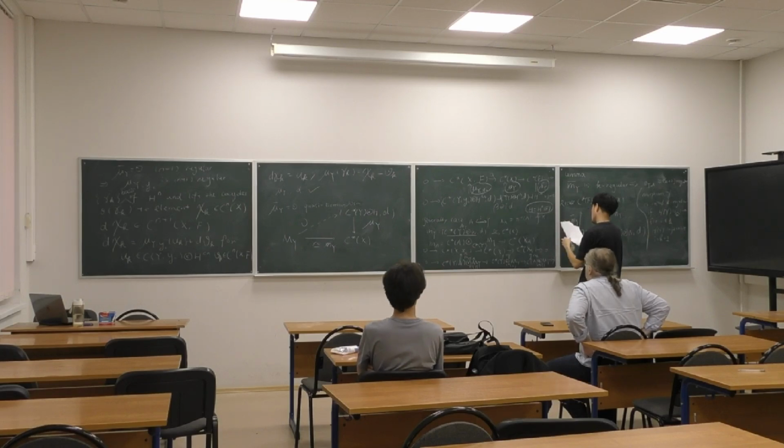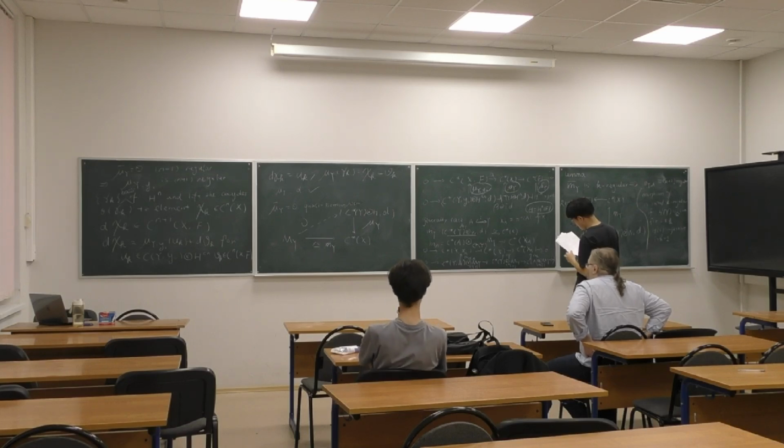To do this, we need to construct a model for C star of x, which would be set at 3 over C star of y, and we want to choose the cohomology of f as a set of generators. Well, basically, how do we do this?